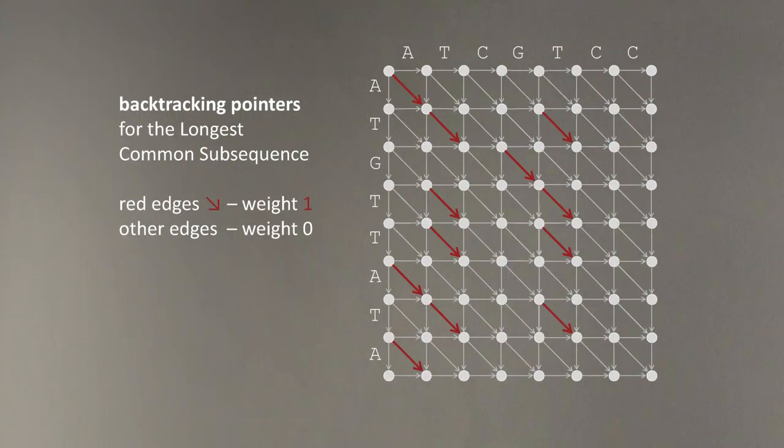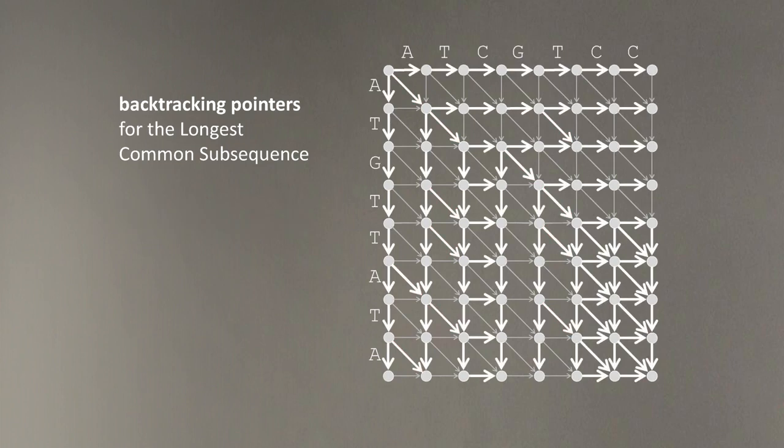As before, we of course preserve the backtracking pointers for the longest common subsequence, and in this case the red edge has weight 1, all other edges have weight 0, and here are the backtracking pointers for our particular problem, finding the longest common subsequence for these two strings.